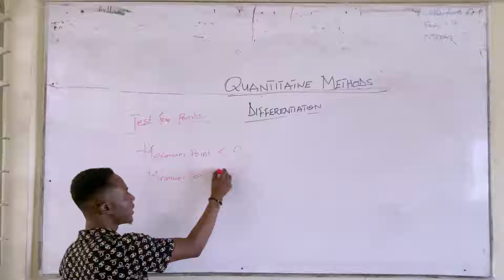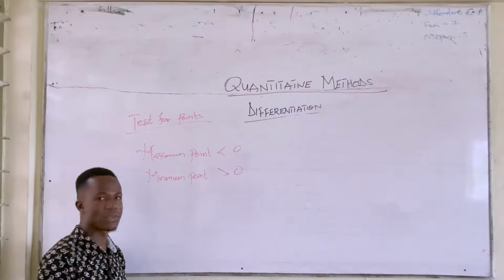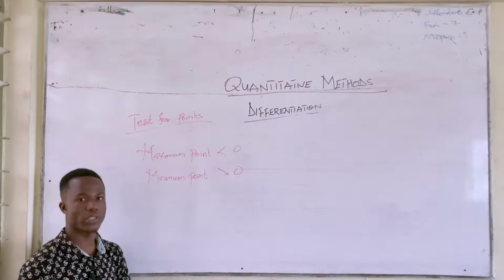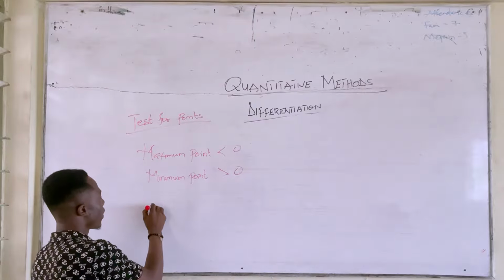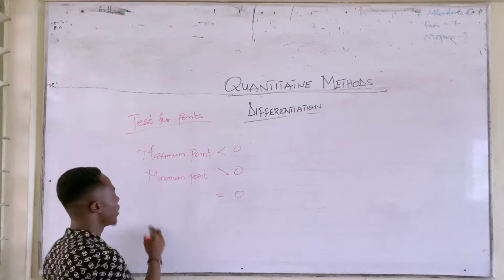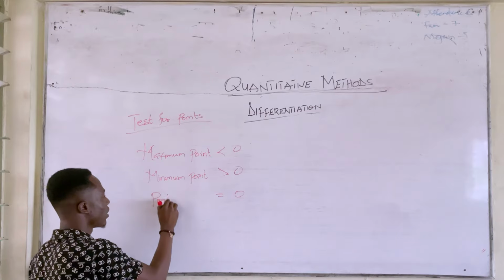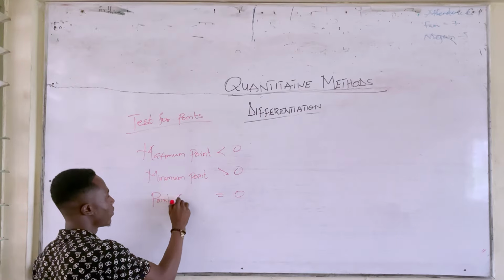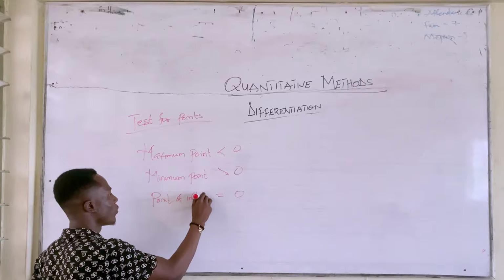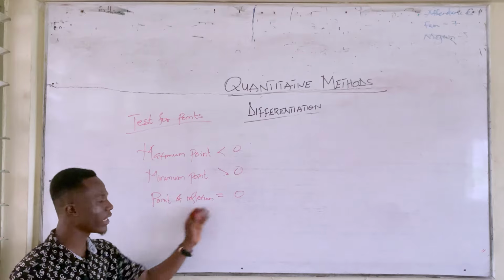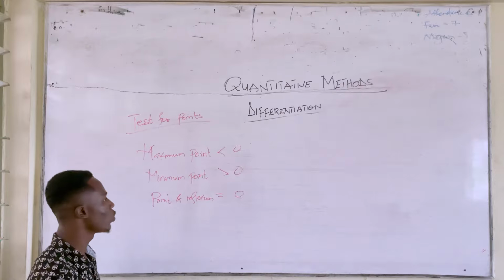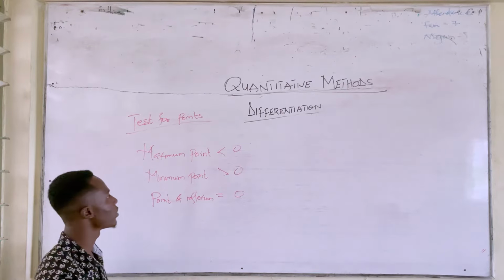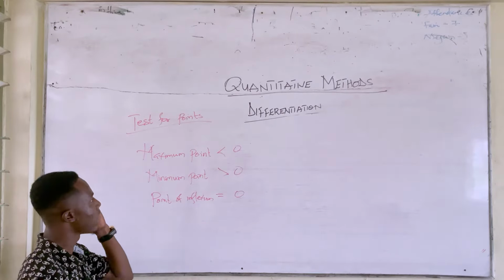Then if you get any number greater than 0, it means that point is a minimum point. And if you get anything equal to 0, it means it is a point of inflection. That is when your second differential is equal to 0. Okay, yes, so that is basically what we are talking about.